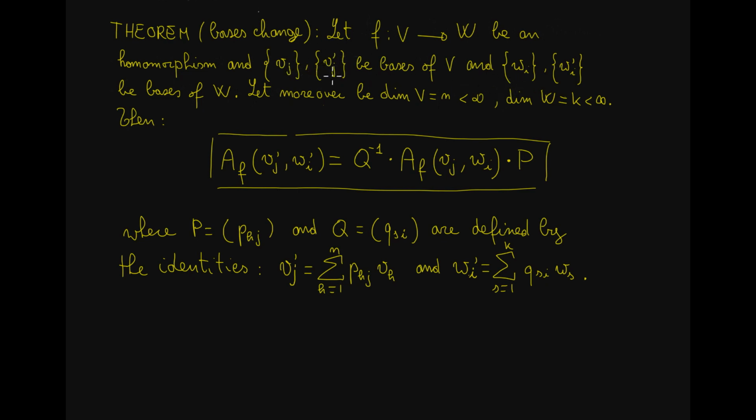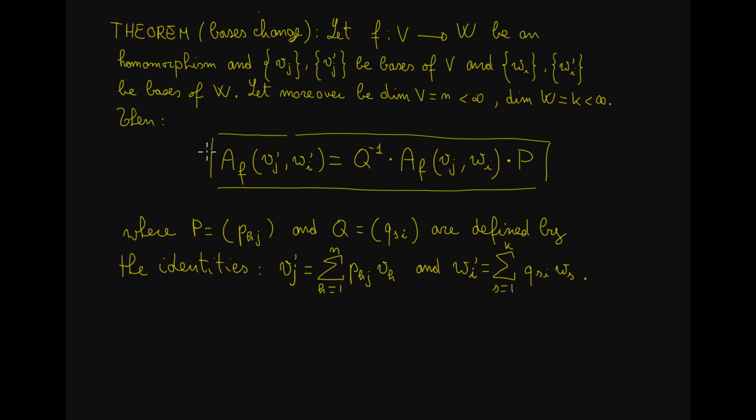The second basis, they will get a prime indication as a subscript. Hence, they will be denoted as Vj prime and Wi prime, according with the fact that they are in the domain or the codomain. Now, we assume furthermore that the dimension of V and W, which are respectively n and k, will be finite.